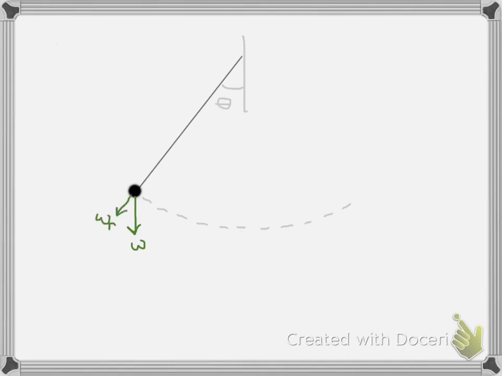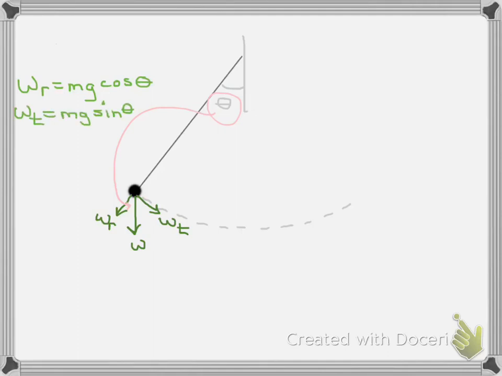But this weight force can be thought of as having two components. One that points along the radial direction, along the radius, and one that points tangential to the path. Now, this angle theta is also the angle indicated down here in the weight vector area. So I can write out the weight components, radial and tangential, as I've seen here.